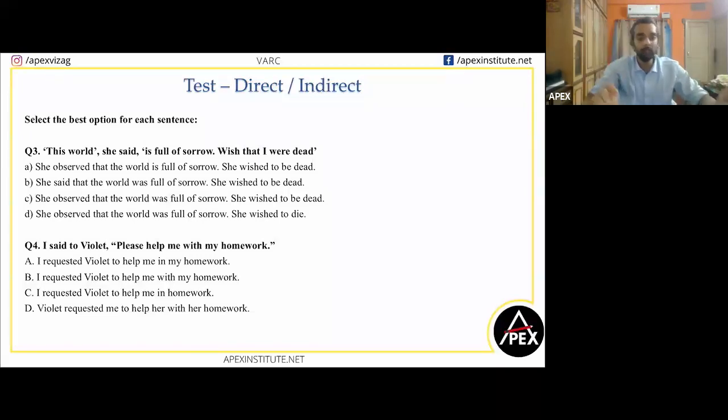Next one. I said to Violet, please help me with my homework. So this is a request, no? So obviously, I requested Violet will be the first three words, to help me will be the second three words, with my homework.